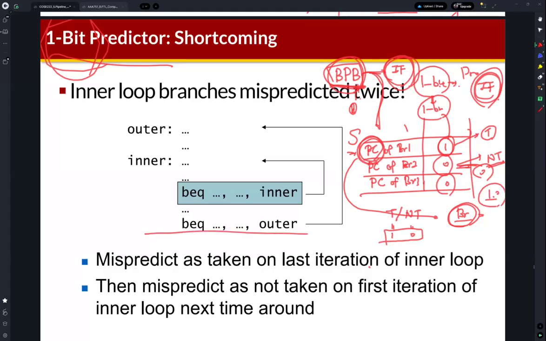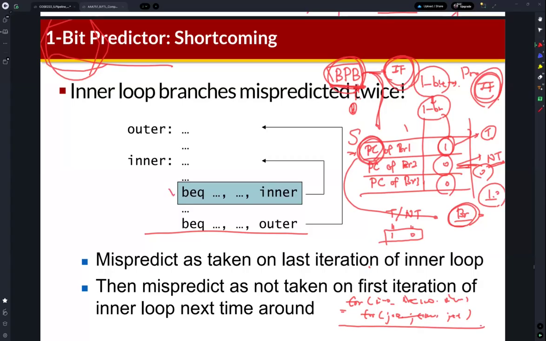So we also frequently use the nested for loop, right? Like for i equals 0, i less than 100, i plus plus, and then for j equals 0, j less than 100, j plus plus, right? These are nested for loops. What's the problem? When we check the sequence of branch results, there are two branch instructions here.